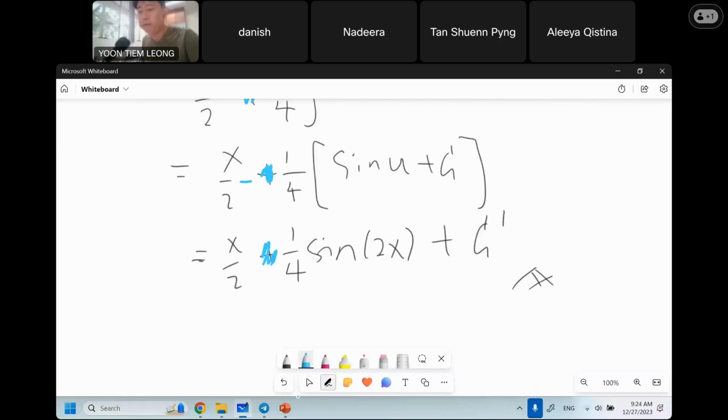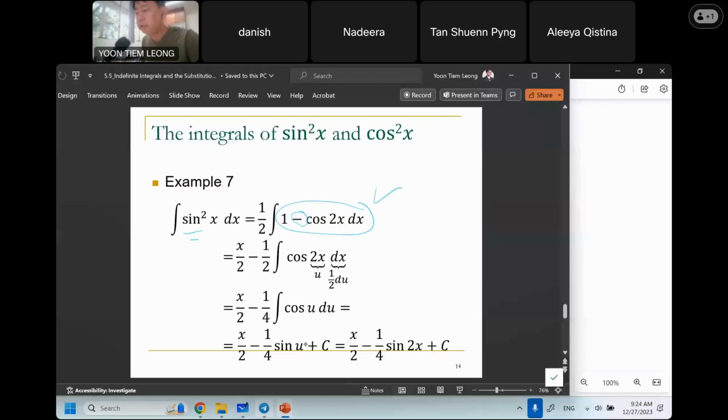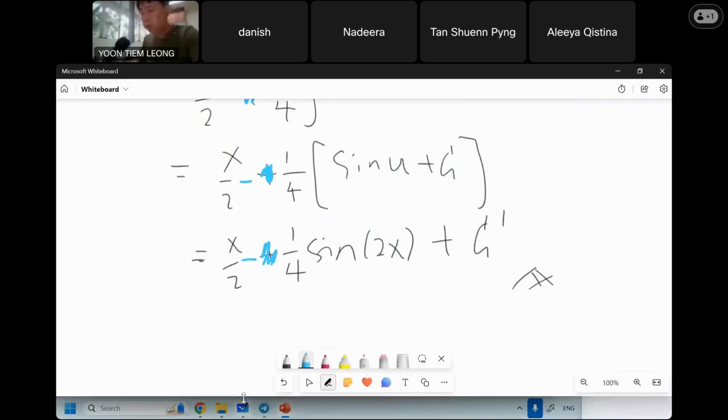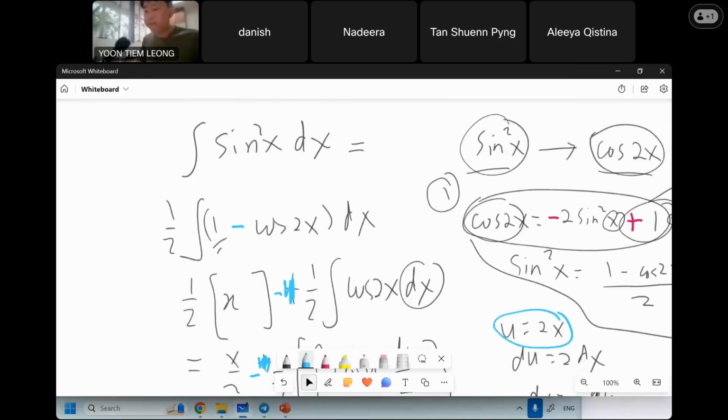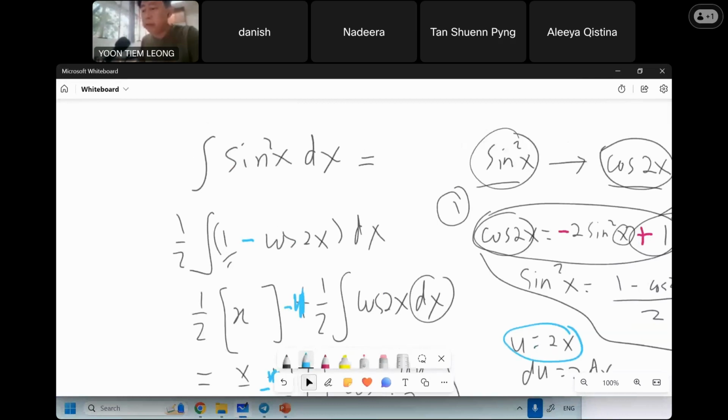Okay, so I have just shown you how to perform the substitution of u equals 2x applied to the integration of sine square x. The conclusion is that the integration of sine square x has to proceed in 2 steps. The first step is to use the trigonometric identity to convert sine square x into cos 2x using the correct identity.